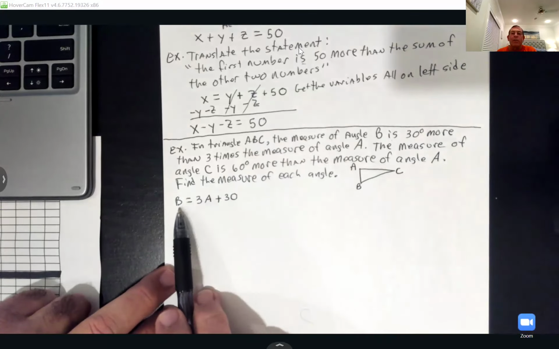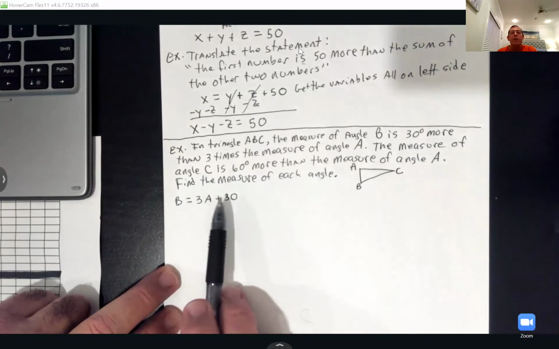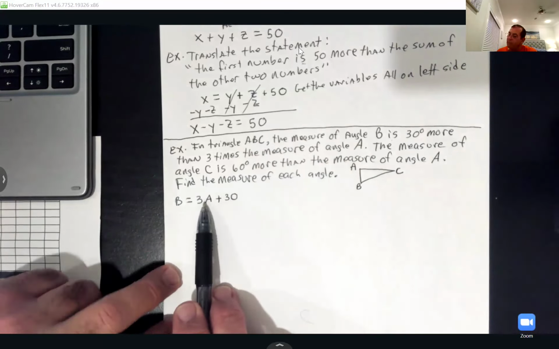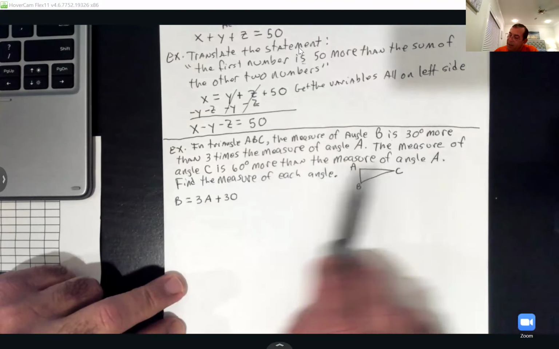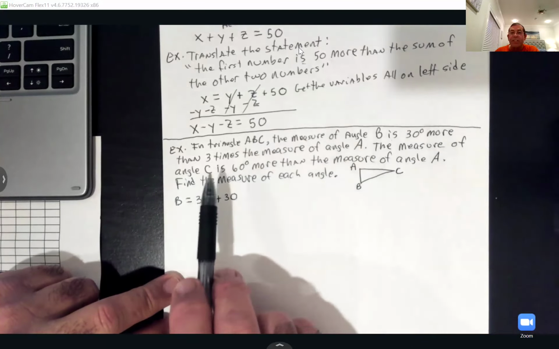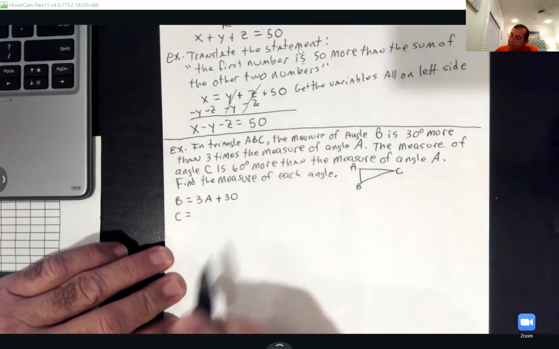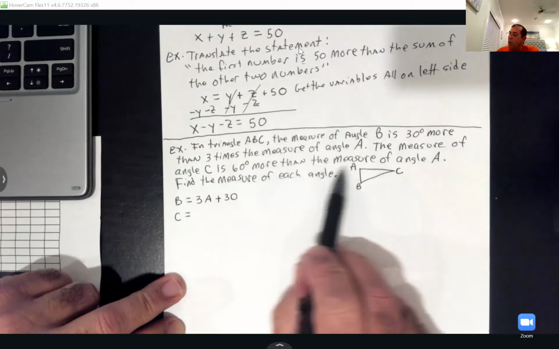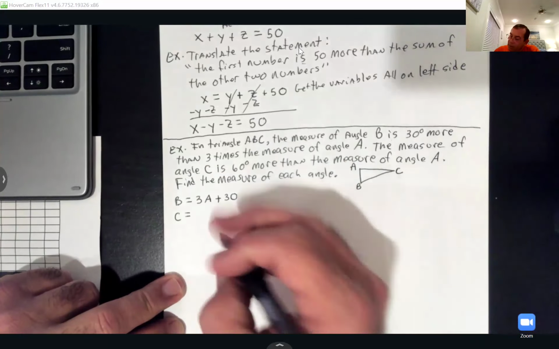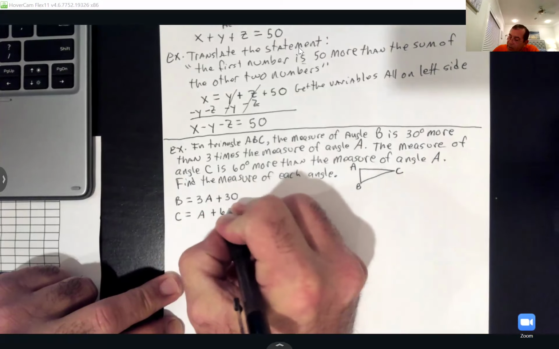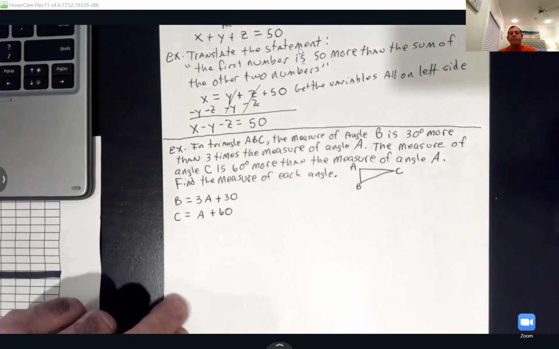Now the second sentence, the measure of angle C, well, that's going to be C equals 60 more than angle A. So y'all, that'll just be A plus 60.